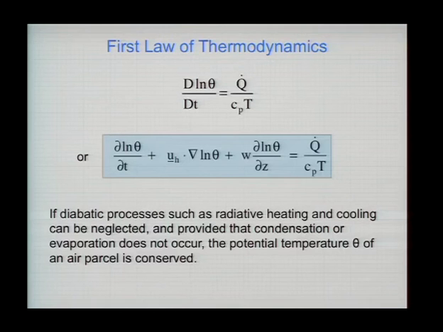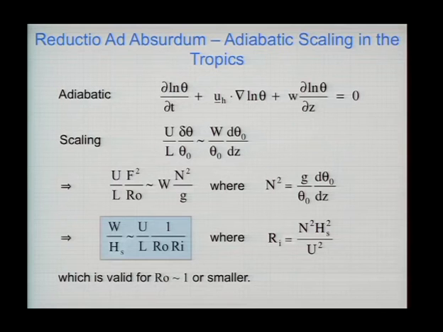Now, what I'm going to do at this point is say, let's suppose that diabatic heating is not important. Ailey told you it was important in the tropics, and there's no doubt it is. But I'm going to follow the approach of saying, suppose it's not, and see what happens. What we're going to do is get a kind of contradiction, reductio ad absurdum for the mathematicians here.